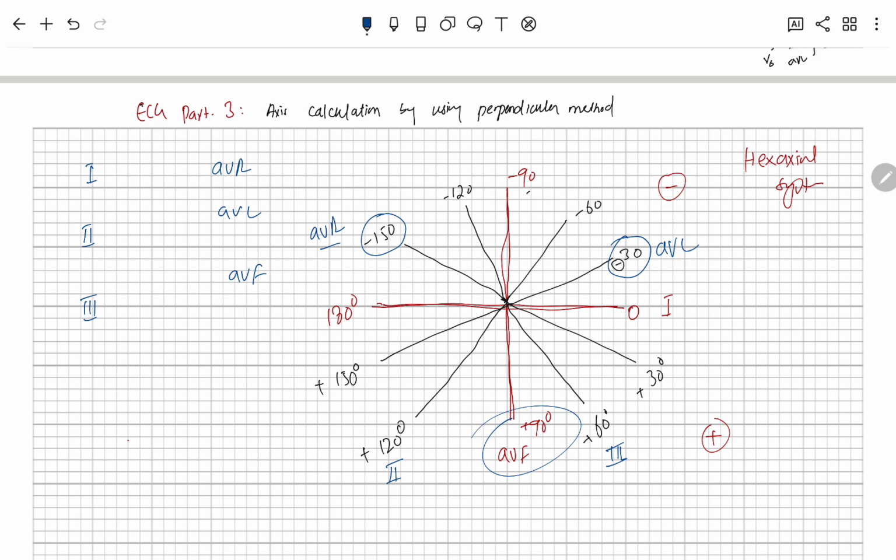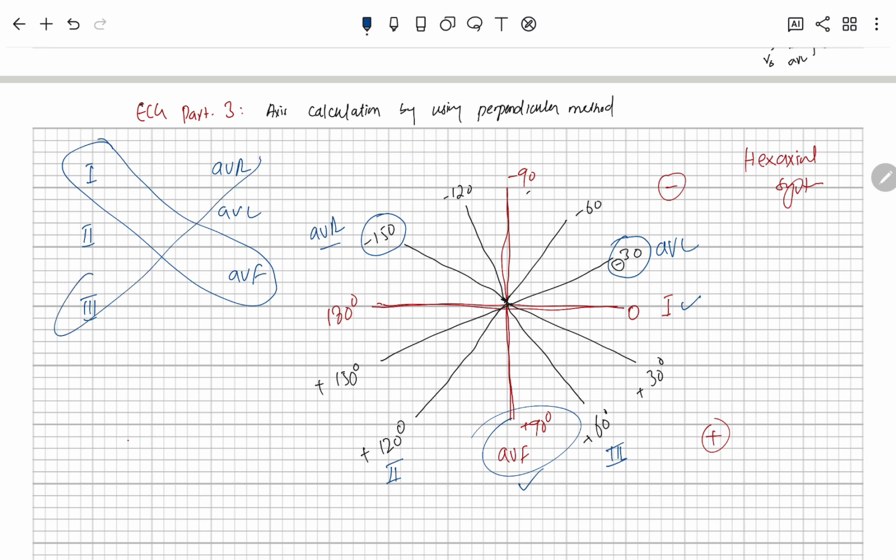To calculate the axis by using the quadrant method, which is also called the thumb method, we have to consider these two leads, 1 and AVF. We usually see these two leads. If we check the perpendicular leads, you can see that 1 and AVF are perpendicular to each other.